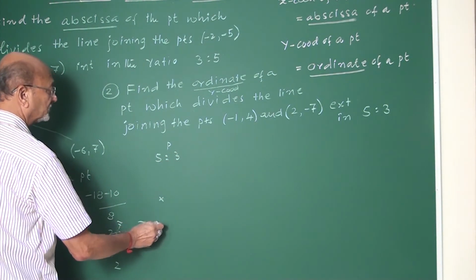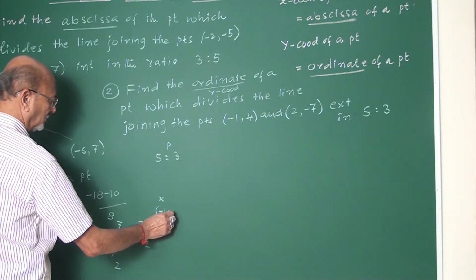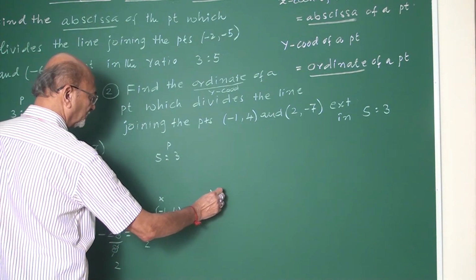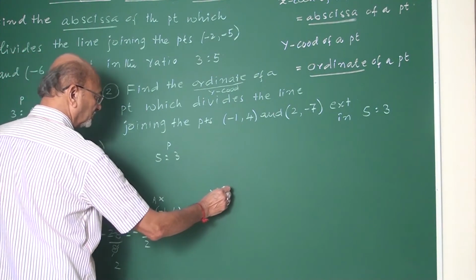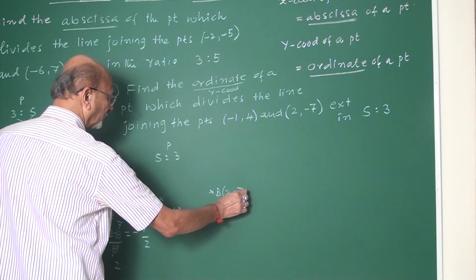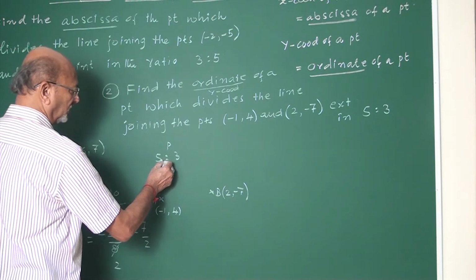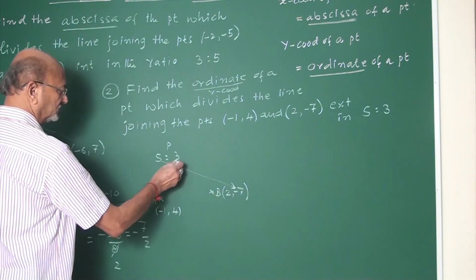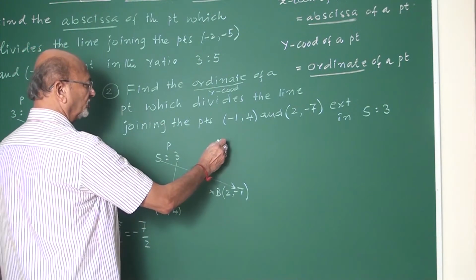This end is A, its coordinates are (-1, 4). This end is B, and B is (2, -7). You wanted the ordinate first. Ordinate means y coordinates.